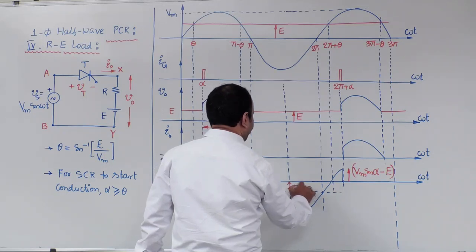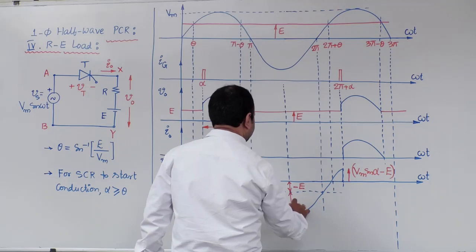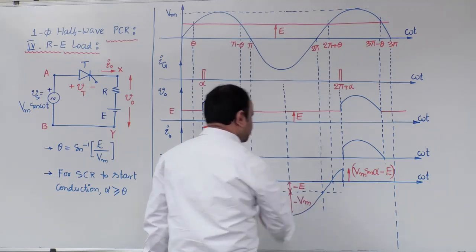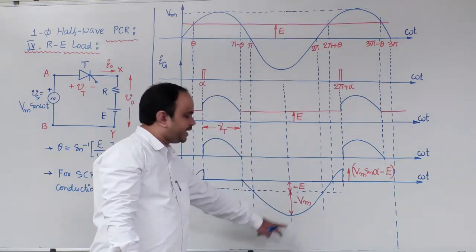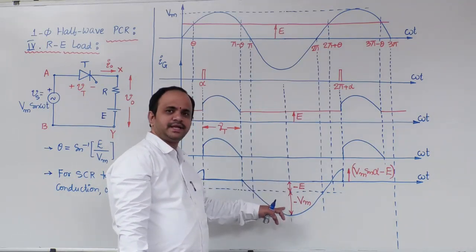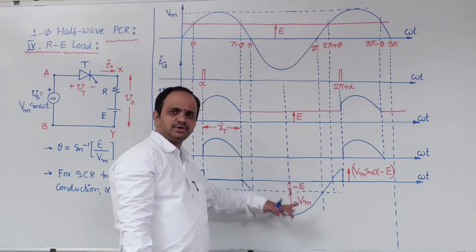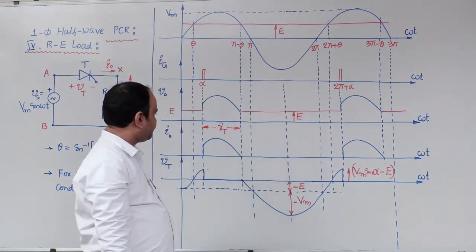This is minus E. And this value is minus Vm. Therefore, we get the peak inverse voltage rating of the device as E plus Vm. This conclusion is the same as that of a diode.